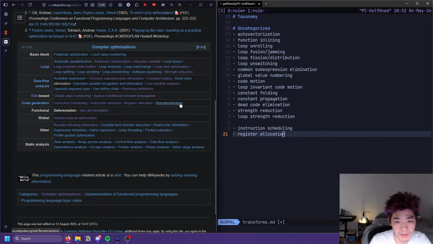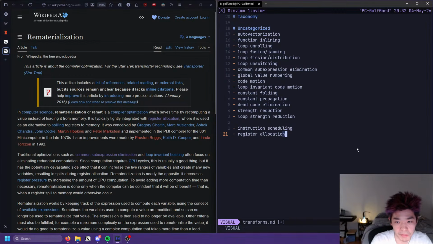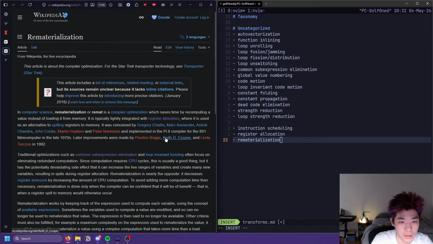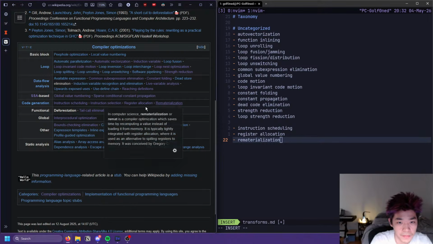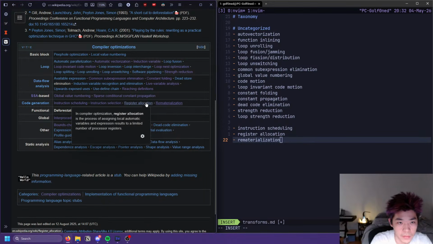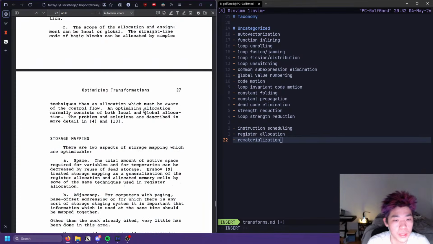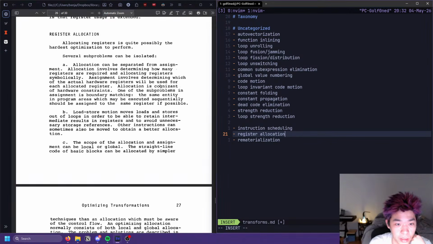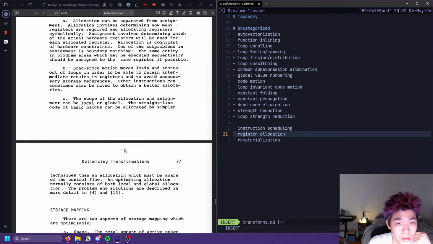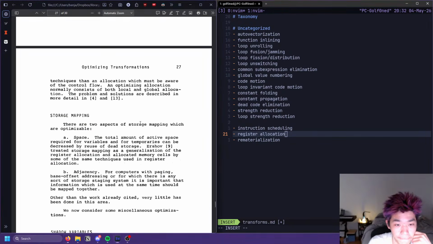Yeah. Rematerialization was interesting. I'm definitely throwing this in here. Yeah, because a lot of optimizations happen in register allocation, so I'm not gonna do a lot about this. Okay, storage mapping.